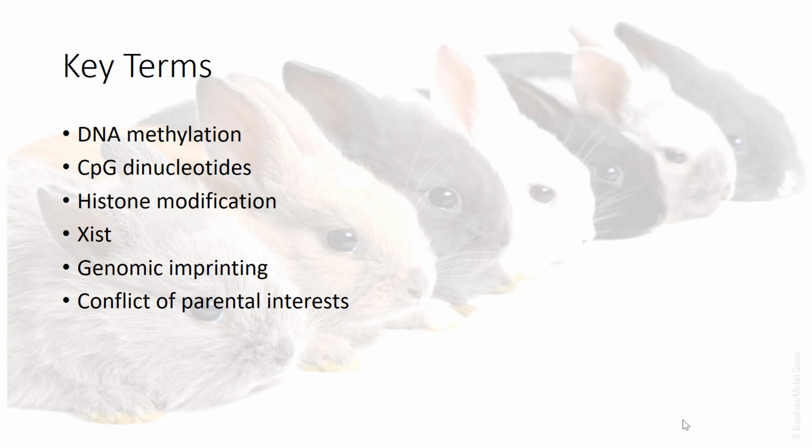The father is going to maximize his reproductive fitness by forming as many offspring as possible that reach sexual maturity. The mother's best interest is different, because at least for mammals, they're investing a lot in their offspring. They don't want them to grow too quickly. They want them to grow more slowly so that they can more efficiently feed them while also not taking away from their own nutritional needs.